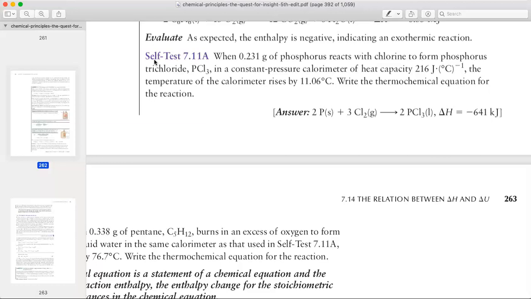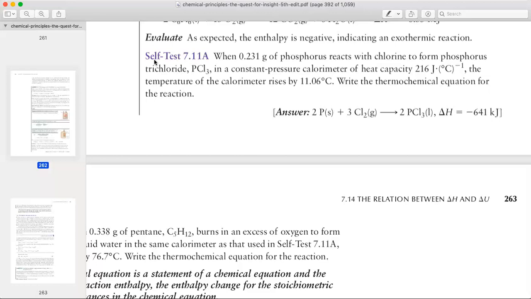Then you divide 216 joules by that amount to get your number of joules per mole. You divide the joules by the number of moles that you have to get the total number of joules per mole of phosphorus. Okay, got it. That makes sense. Thank you.